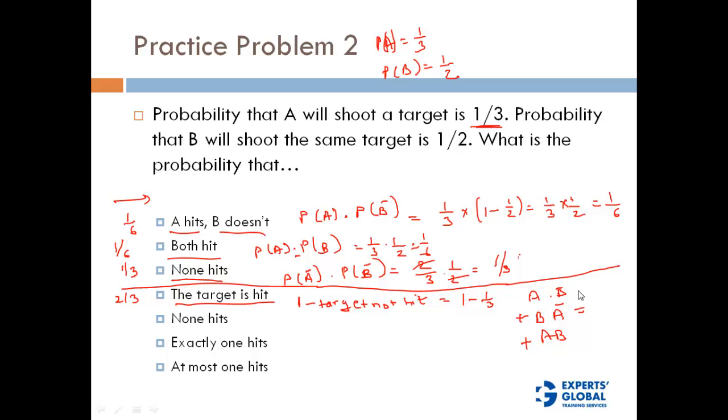Probability of A into probability of B doesn't hit, that means 1 by 3 into half, plus B hits half, A doesn't hit 2 by 3, plus A and B both hit, which is 1 by 3 into 1 by 2. Let's figure it out. So this is 1 by 6, this is 1 by 3, and this is also 1 by 6. So it is basically 1 by 6 plus 1 by 6 plus 1 by 3, which ultimately comes out to be 2 by 3. So it's the same answer. Either way you do, you will get the same answer.